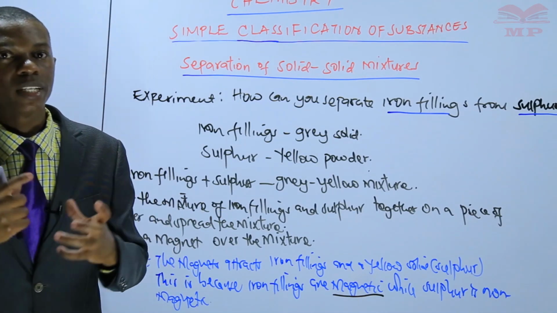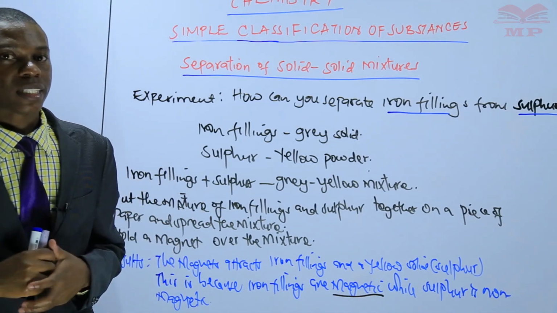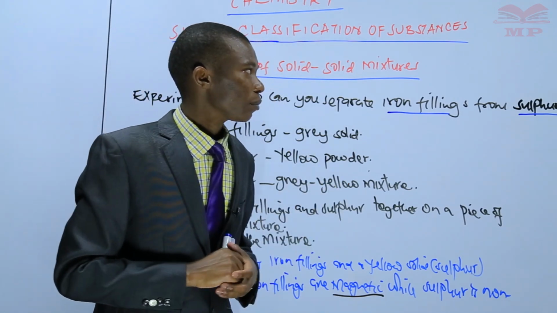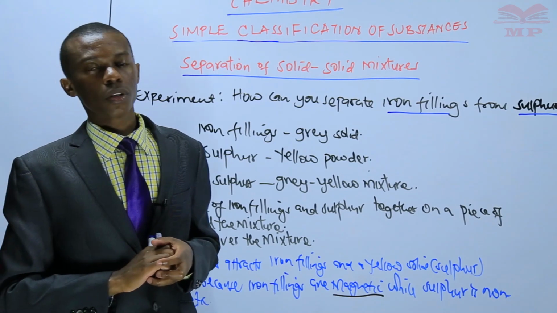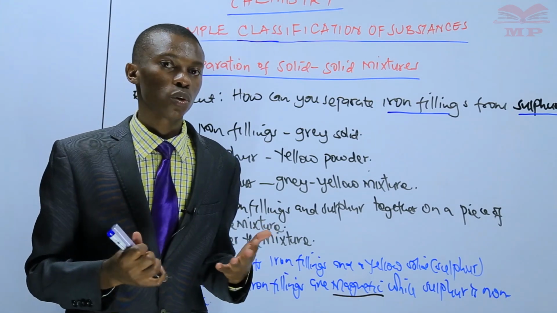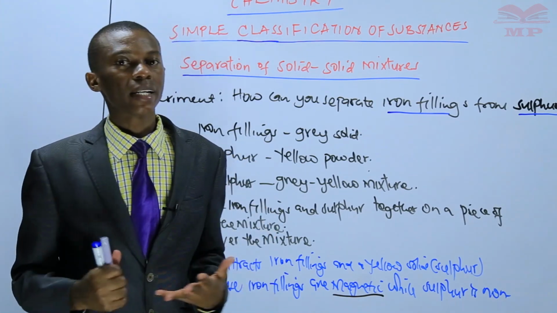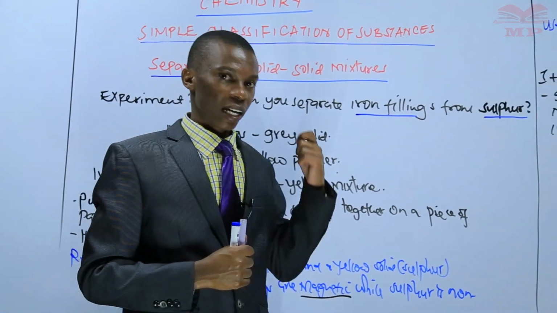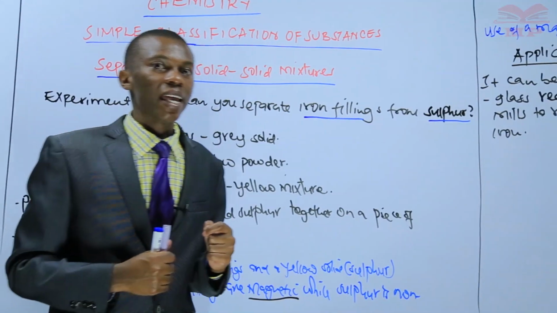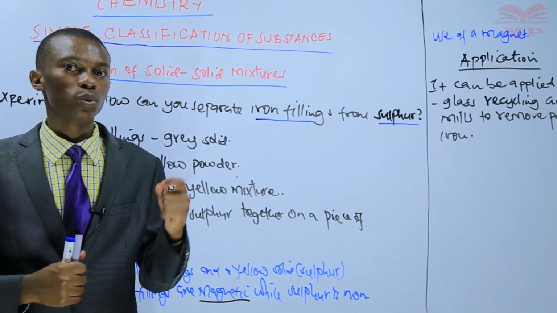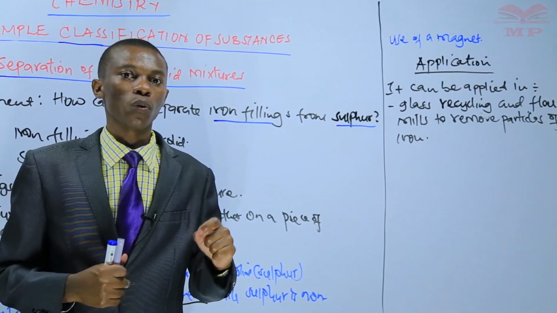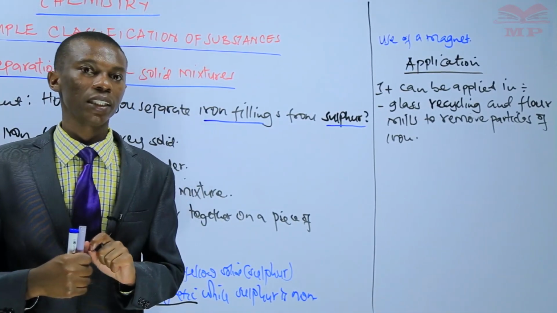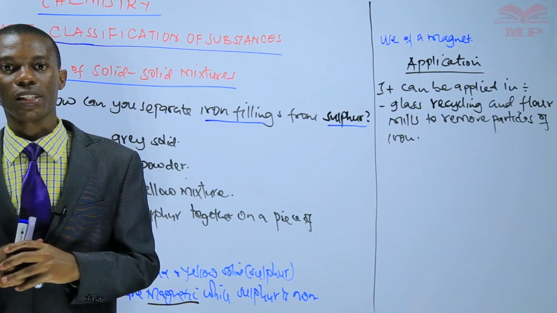This method of separation is called use of a magnet, and it can be applied in glass recycling and in flour mills to remove particles of iron, which may be contaminants in those substances.